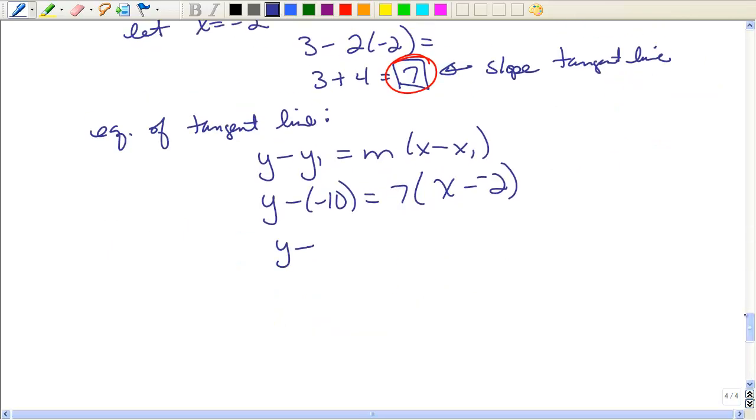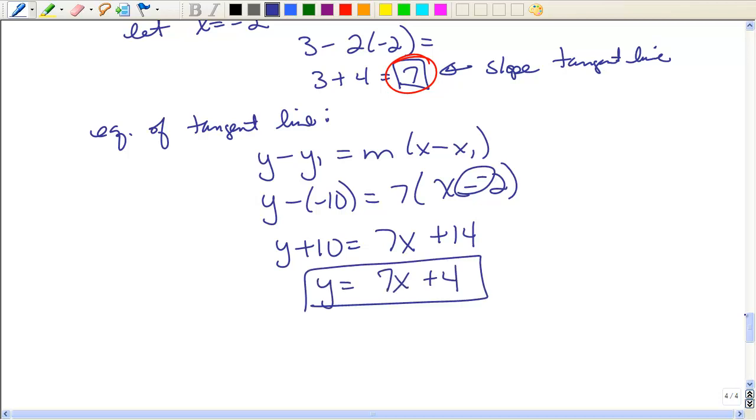So we have y plus 10 equals 7x. I think that's going to become positive. If I distribute, that's plus 14. And that is the equation of the tangent line to the parabola at a specific point. We're going to be doing that a lot, all right?